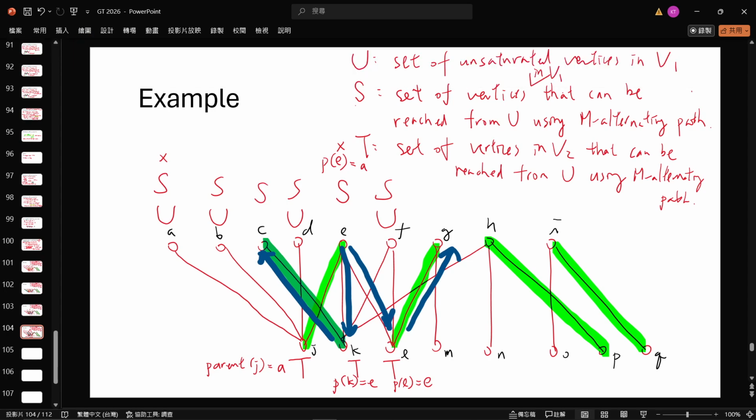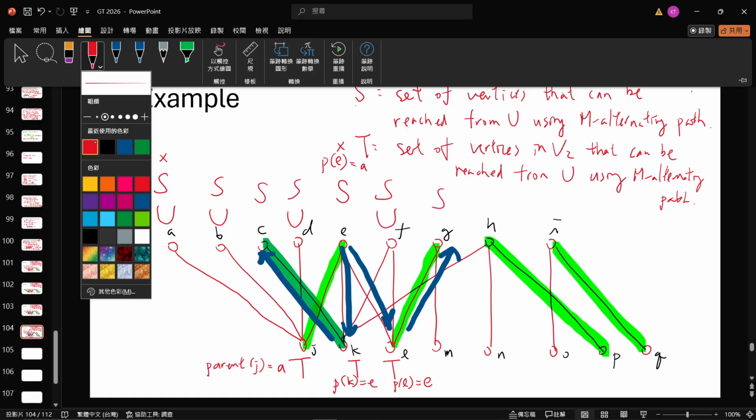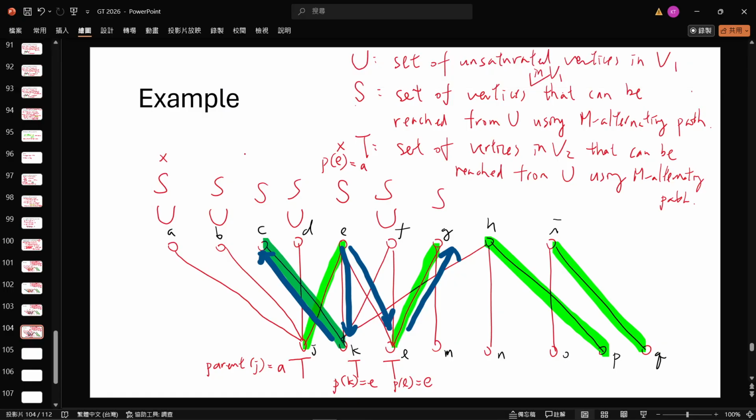So this is in S, and this is also in S. The parent of C is K, and the parent of G is L.